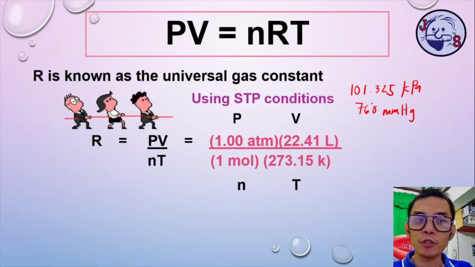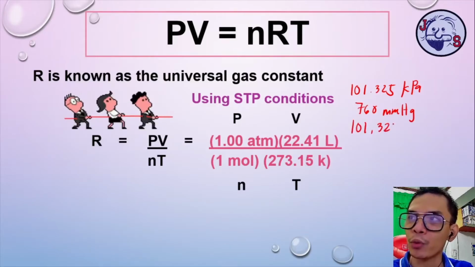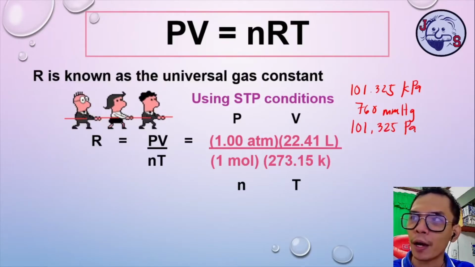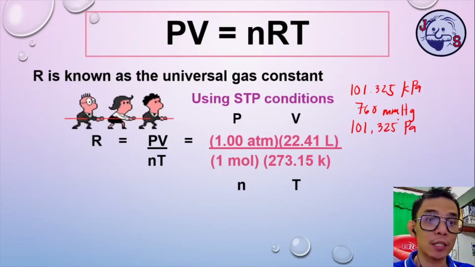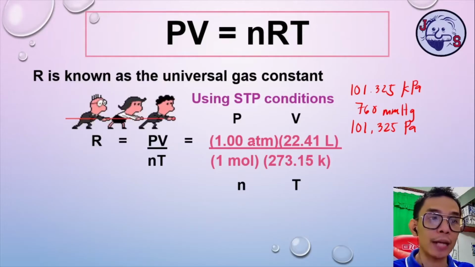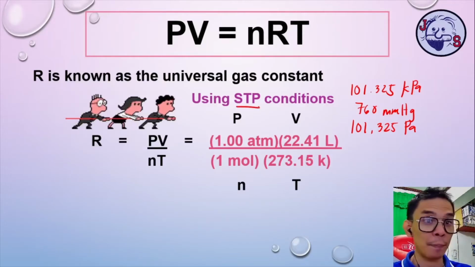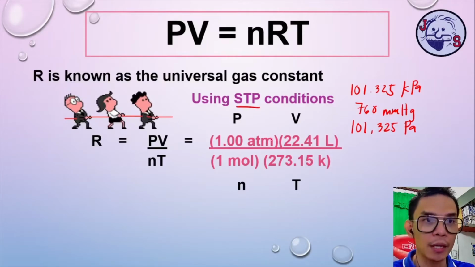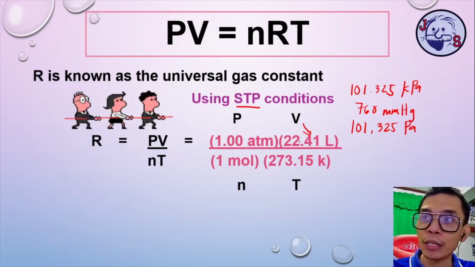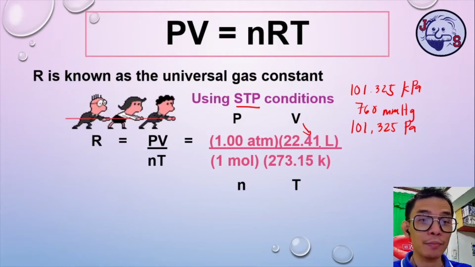If you want to change it into Pascal, that will be 101,325 Pascal. Any of these units can be plugged in here as long as it is STP. Next, the volume at STP, the molar volume, is 22.41. We have encountered that one in Avogadro's law.